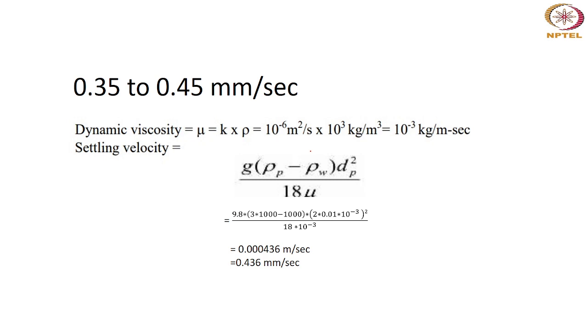That is the kinematic viscosity. Multiplied by density, we get dynamic viscosity. That is mu, 10 to the power minus 3 kg per meter per second. Right, absolutely. Okay. Now clear, right?